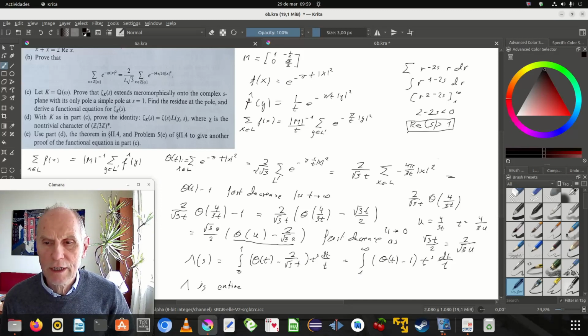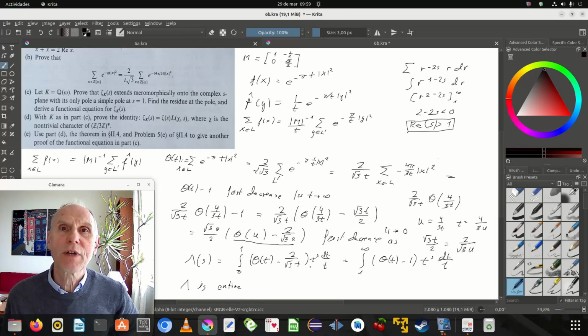And when the real part of s is larger than -1, and that means for the real part of s being positive, we can actually take this integration by parts. And of course, exchanging integral and sum will require that the real part of s be greater than 1. I think we've had that before.